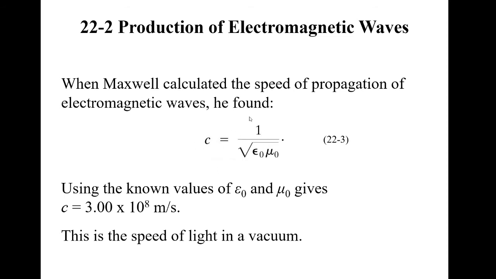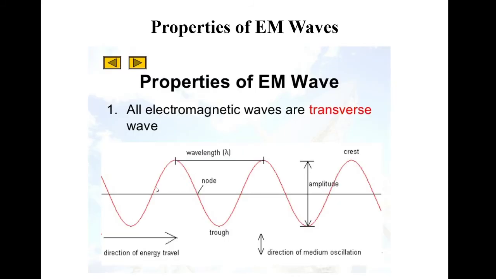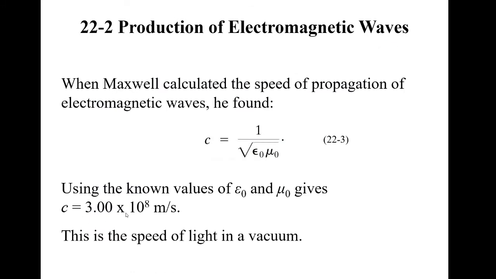But the speed of light is equal to 1 over the square root of epsilon naught times mu naught, right? And so the speed of light is constant in a vacuum, okay? So of course, we will get into this in a little more detail in the next chapter, but the speed of light can slow down in certain materials, but moving through space itself, the speed of light is constant at 3 times 10 to the 8 meters per second.